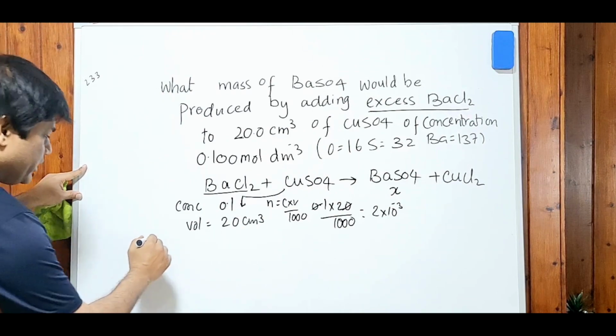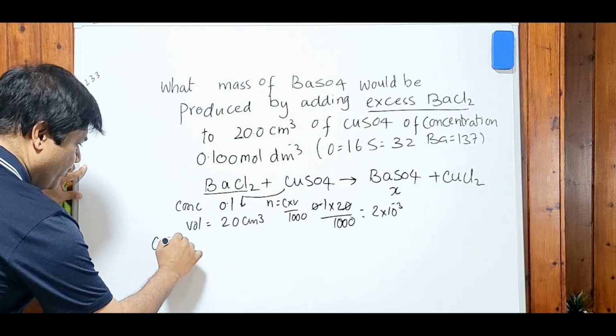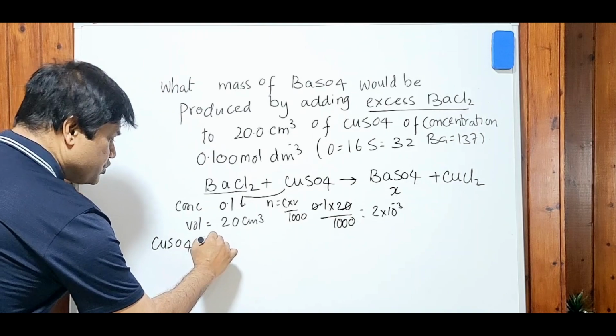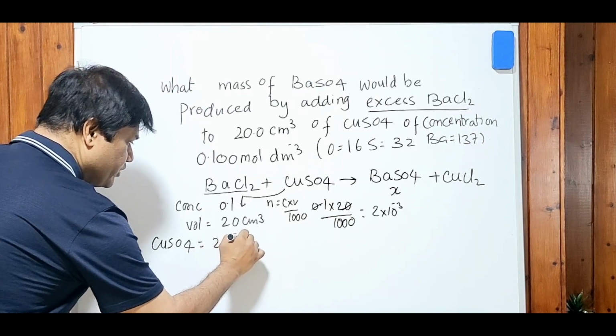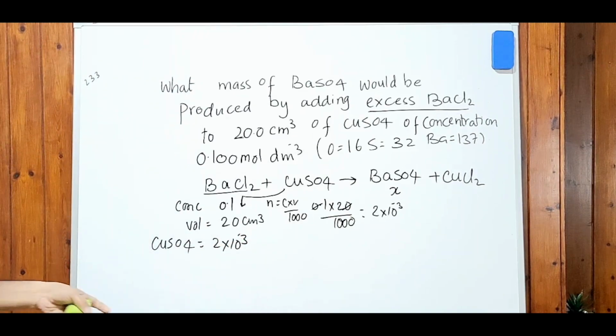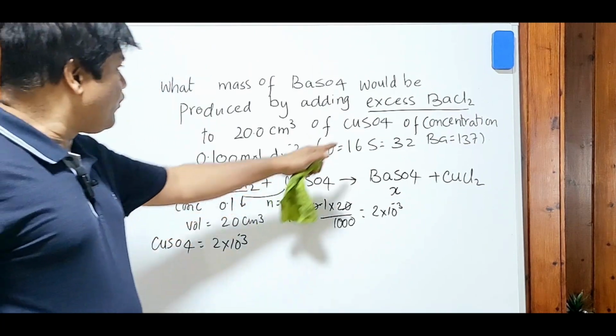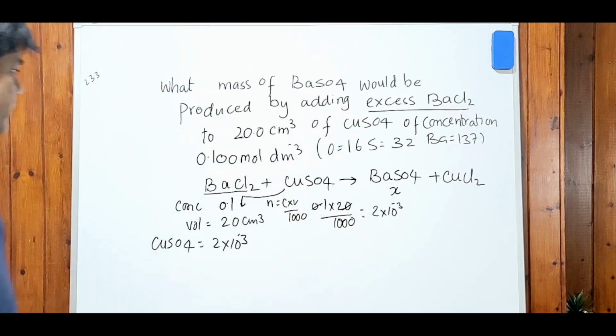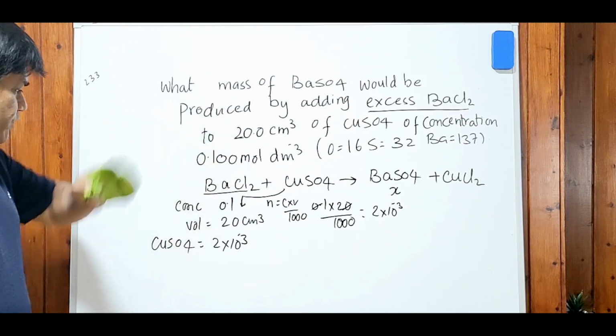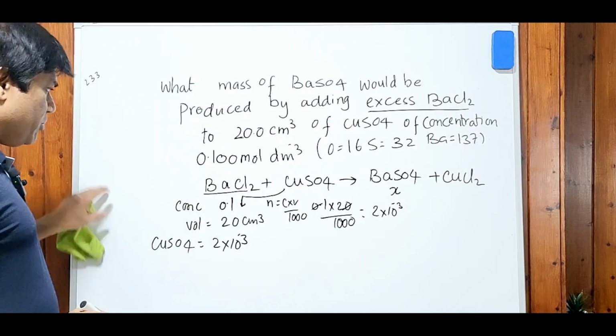So I'm writing here CuSO4 number of moles equals 2 times 10 to the power of minus 3. How? C times V divided by 1000. Conc of copper sulfate is given, volume of copper sulfate is given. So that's the number of moles.